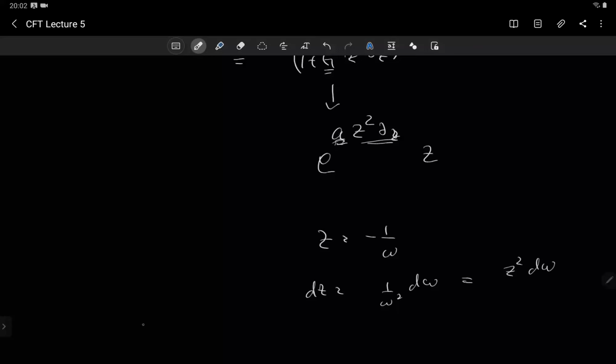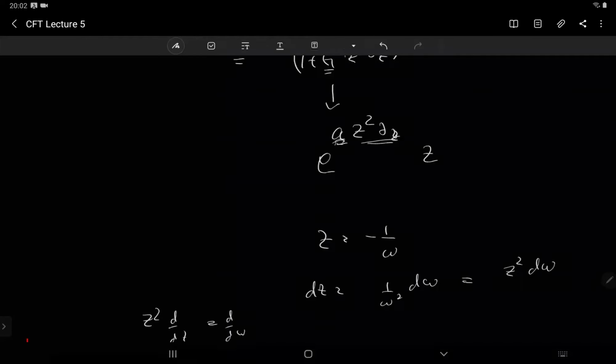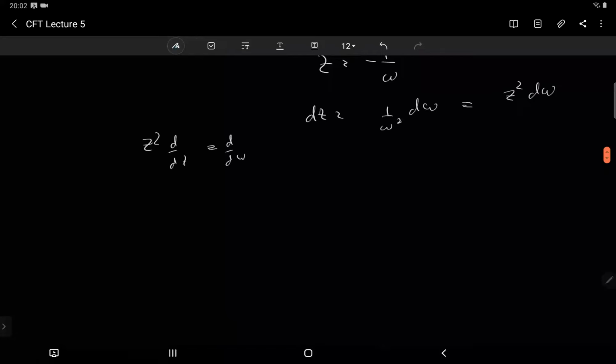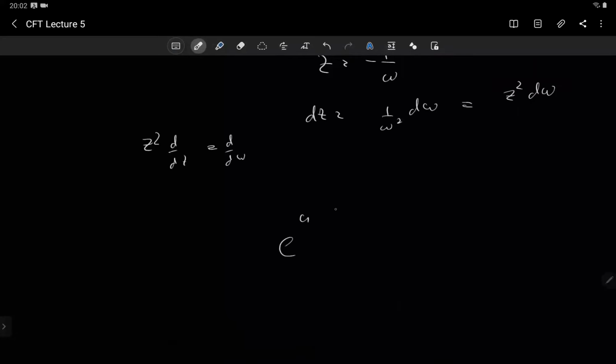So from here we can say that Z square del Z is del omega. So you can do this change of variable, and then this transformation becomes e to the a del omega acting on Z. But what is Z? Z is minus 1 by omega. So Z prime is equal to minus 1 by omega plus a, right?